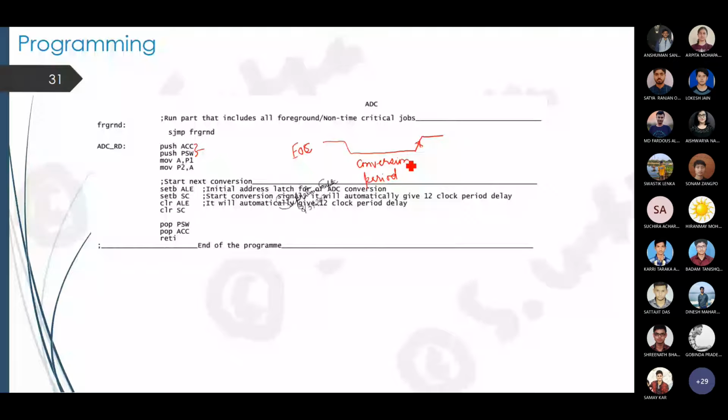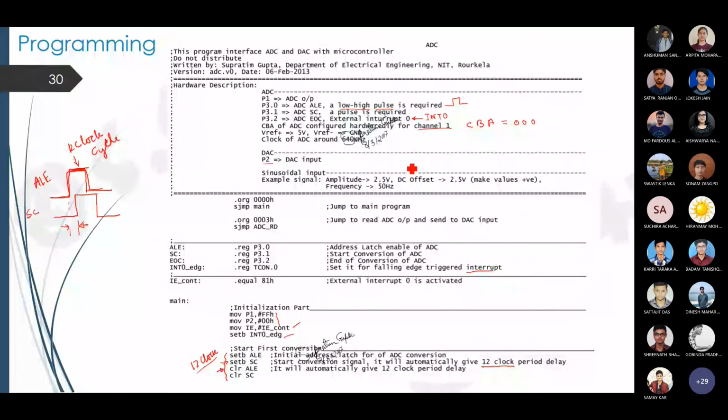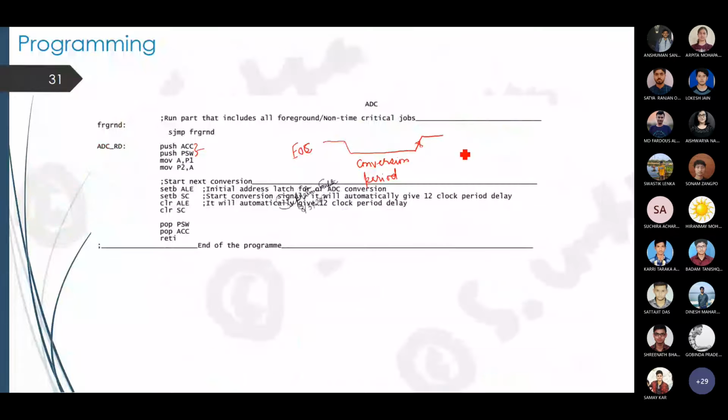Yes. What I have not written here actually is what is needed: we need to pass it through an inverter so that we can get a falling edge there. Okay. So this would be connected to the microcontroller, and this is from the ADC side. Is that clear?